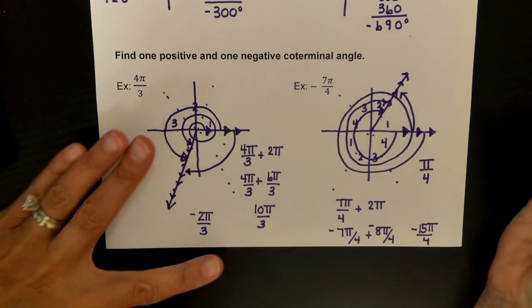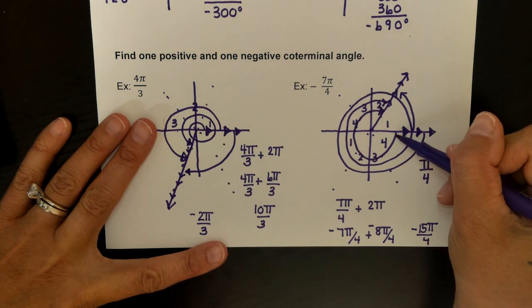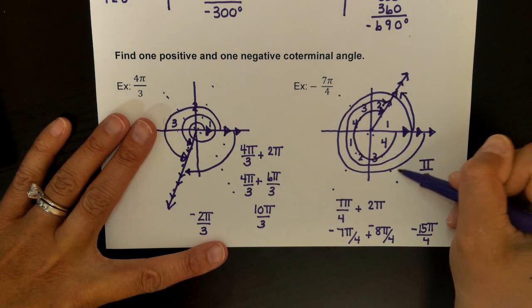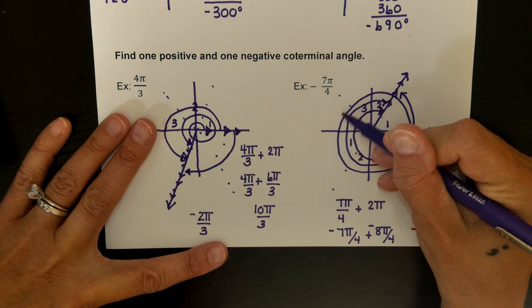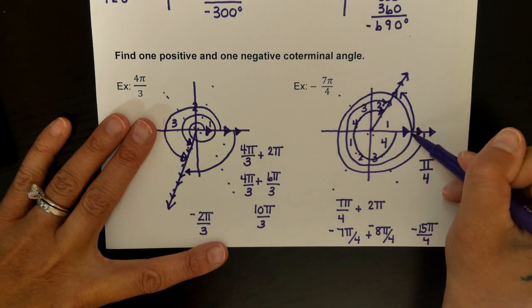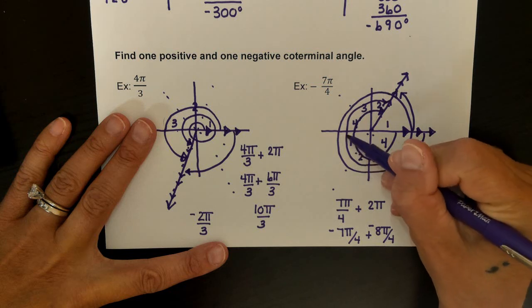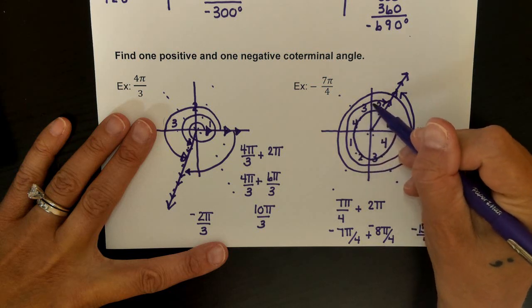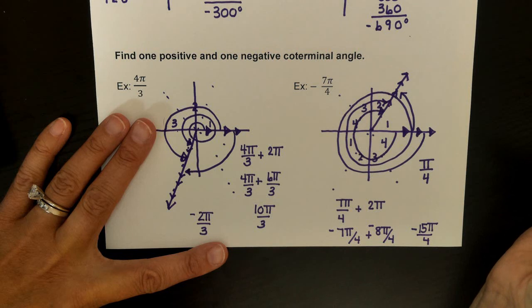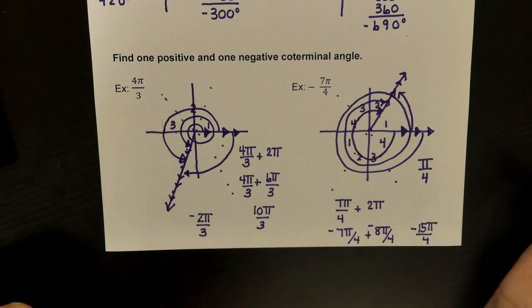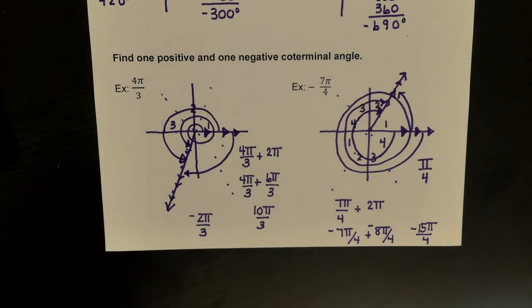I, again, would probably count. So to do that, I started here. There's 4 pi over 4. There is 8 pi over 4, 9, 10, 11, 12, 13, 14, negative 15 pi over 4. It's a little bit confusing. You're going to need to take some time, but you'll get there.